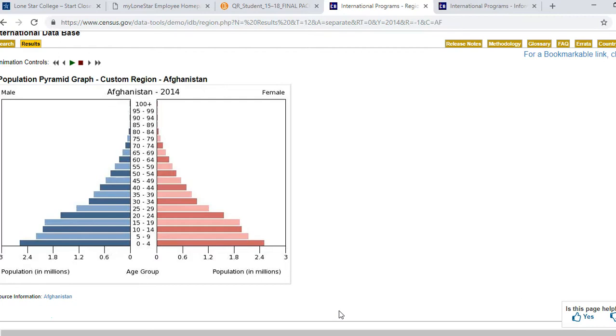Finally, Part B says write a short analysis of the information. Compare the population of Afghanistan and the population of the United States, and be sure that the paragraph does include the components outlined in our rubric, where it does have a logical flow.